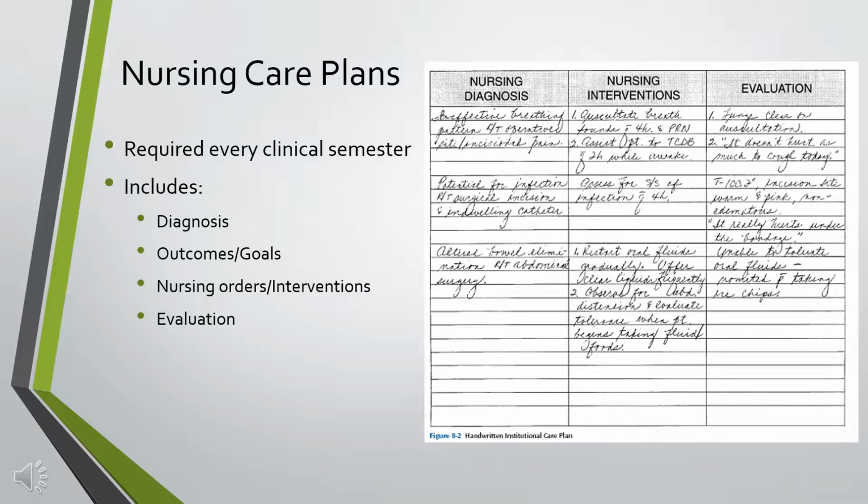The nursing orders and interventions. This is where the action is based on the diagnosis. We developed outcomes here. Some outcome examples include providing medications, assessing vital signs, or their pain on a scale of 0 to 10.